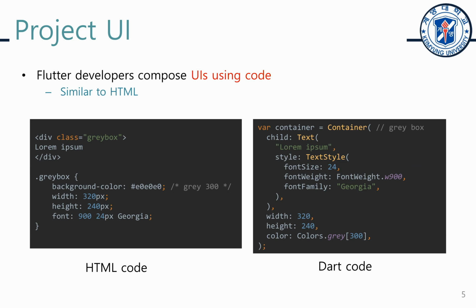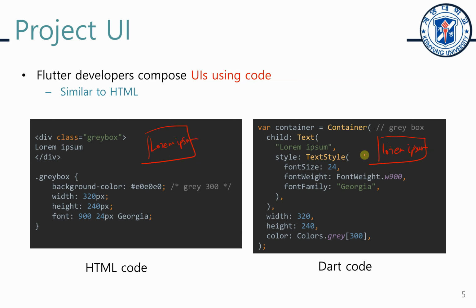You can see that these two codes, one is HTML code and one is Flutter code, and what they are trying to do is actually create a box. This one creates a box in HTML, and this one creates a box in Flutter, and they will both put some words like lorem ipsum.